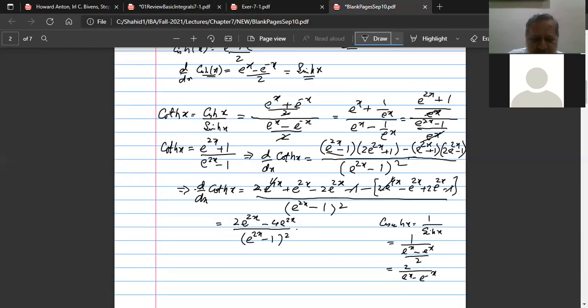But I don't see that this becomes this form. If I put square here, so cosecant hyperbolic square x should be this. So the denominator is in the required form, but the numerator requires to be only one term that should be reduced to this. So I may have made some mistake.